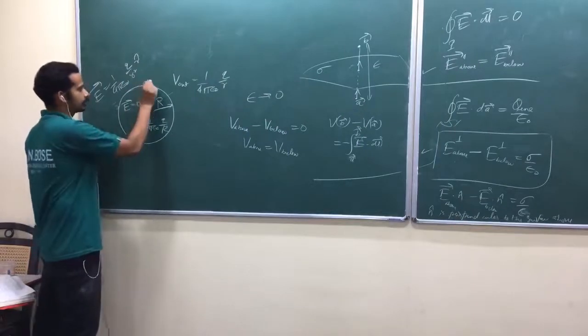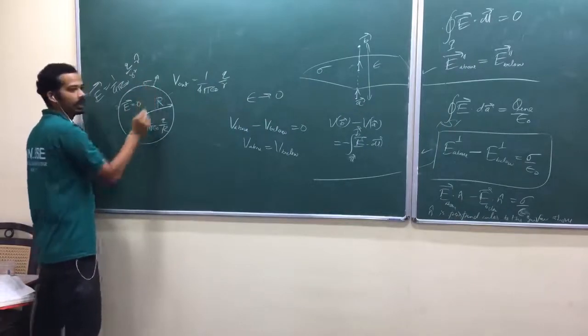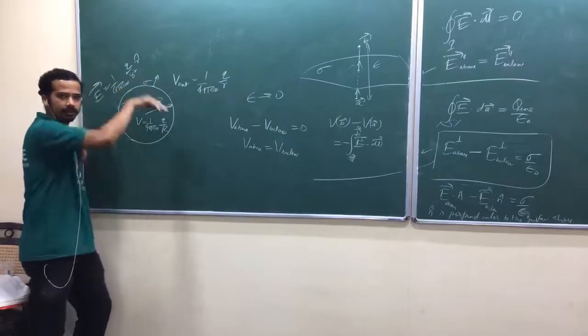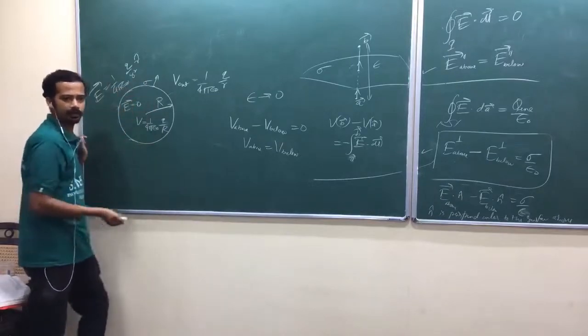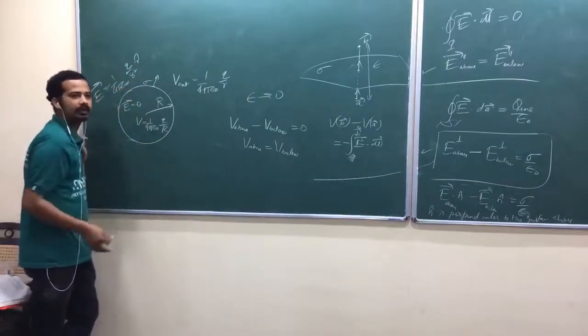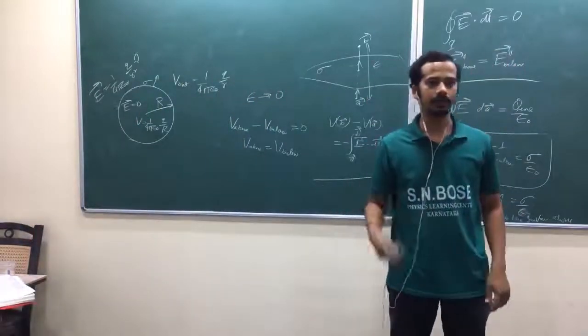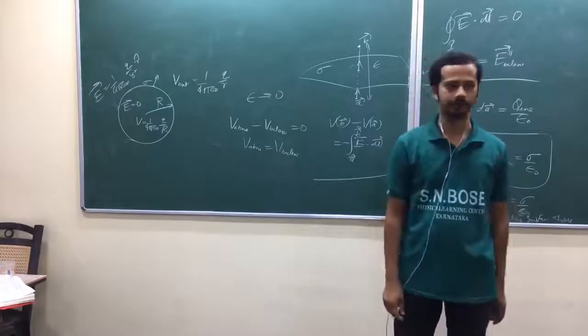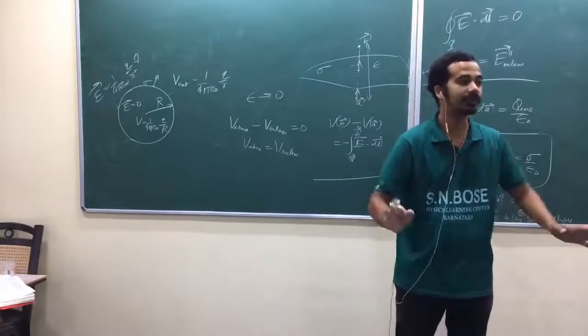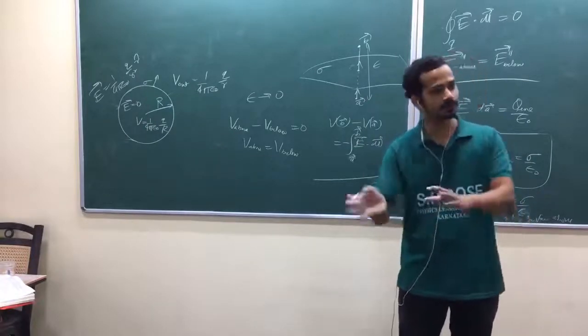What is parallel to the surface? That may be theta cap or phi cap. Now, you don't have electric field below or above the surface in the direction parallel to the surface. That's why it is continuous. 0, 0, that's also continuous.